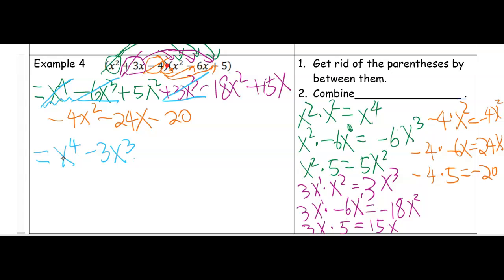Next is x to the power of 2, and you'll see another one, and another one. So you have 3 like terms here. Add up the number in the front. So 5 plus negative 18 plus negative 4 gives you what? Negative 17x squared.